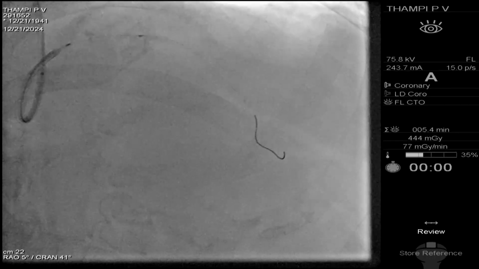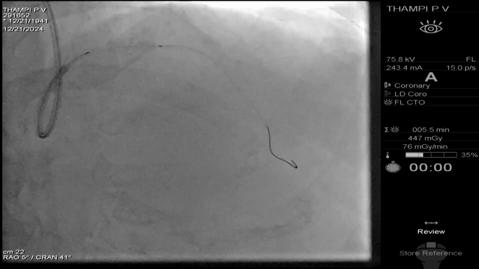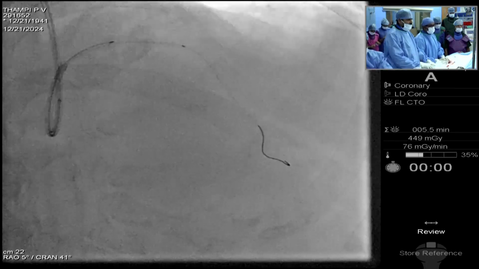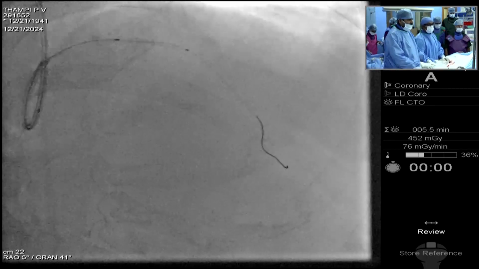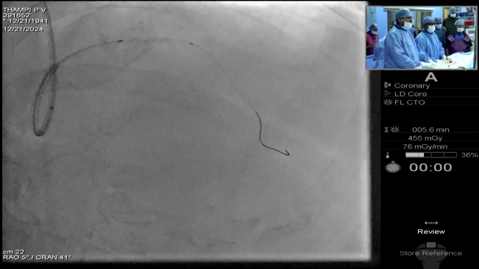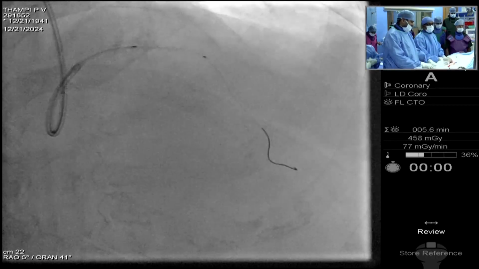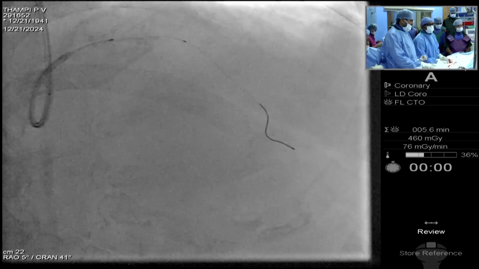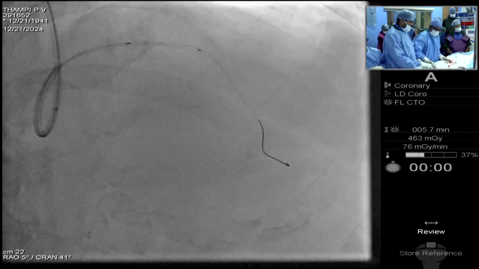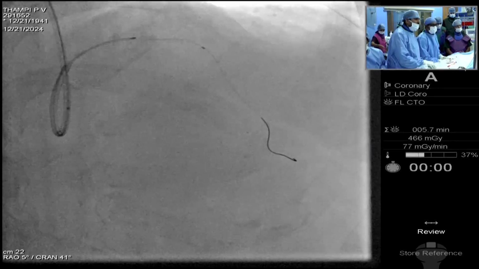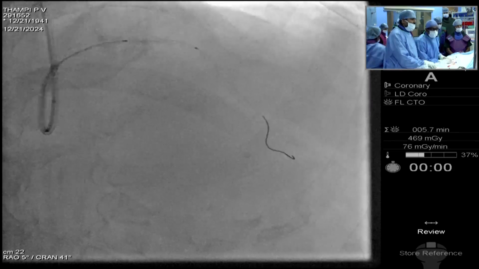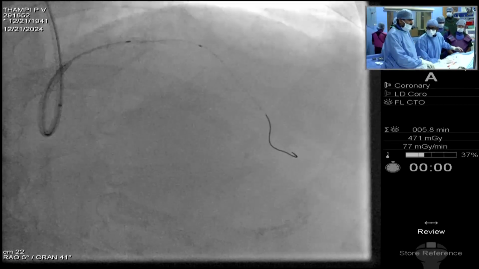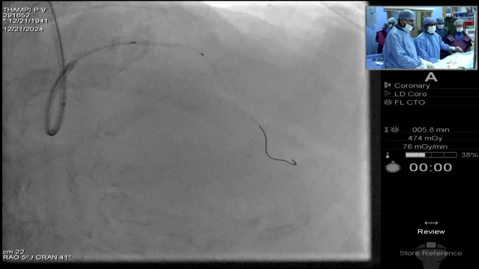It's not going through, so we'll do the orbital. We'll do the plaque modification and then try to do the imaging. Okay, it's not possible. It was not looking so difficult.